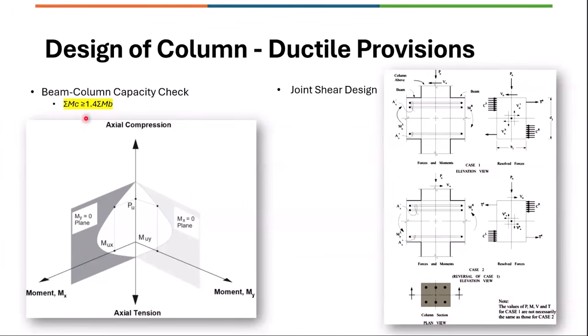The program calculates the demand for the beam column capacity ratio check, which should be 1.4 times the summation of beams for the column capacity. This is given in detail as an output, which I'll show shortly.